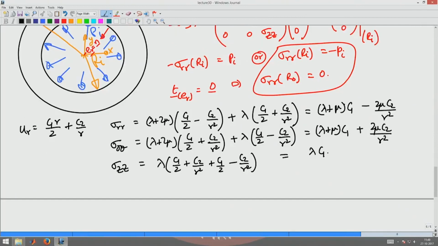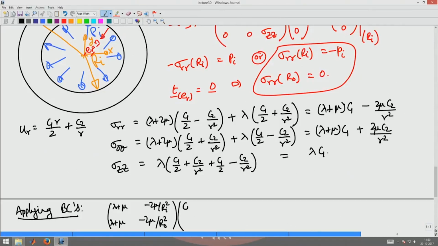Applying the boundary conditions, you get the matrix with rows lambda plus mu, minus 2 mu by r I square, and lambda plus mu, minus 2 mu by r naught square, multiplying C1 and C2, equal to minus PI and 0.